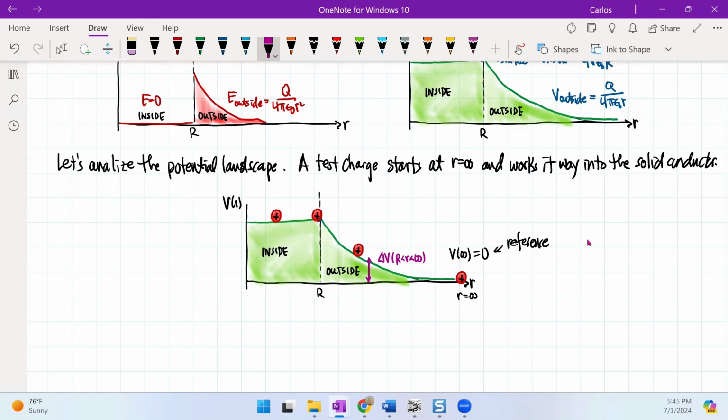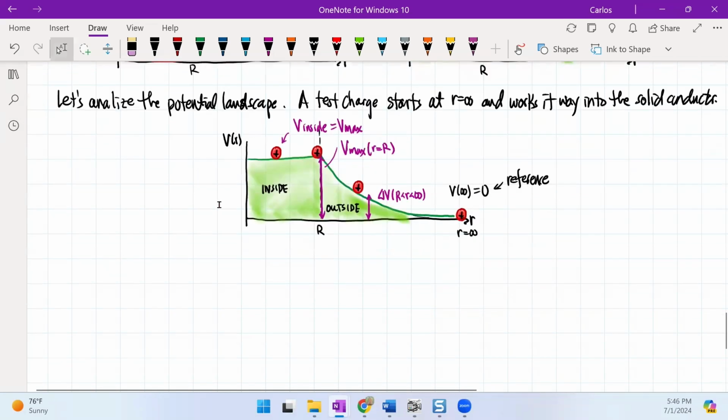Now, when this charge comes all the way to the edge of the surface, you could see that this height right here is the maximum height that you can get, and this is at r equal to R. And I'm at the max. So even when I'm inside right here, you're seeing that the inside is no different than the maximum value.